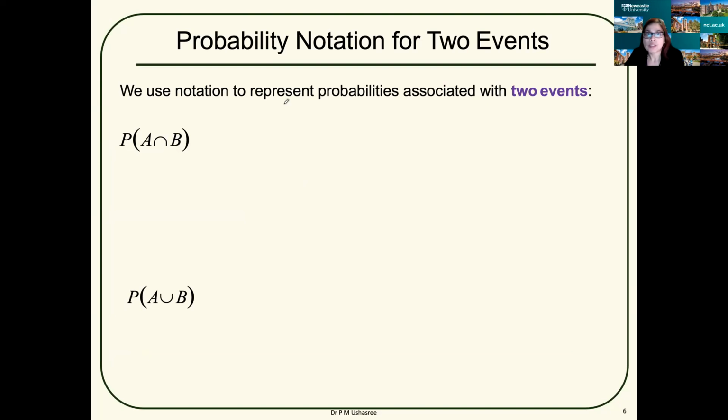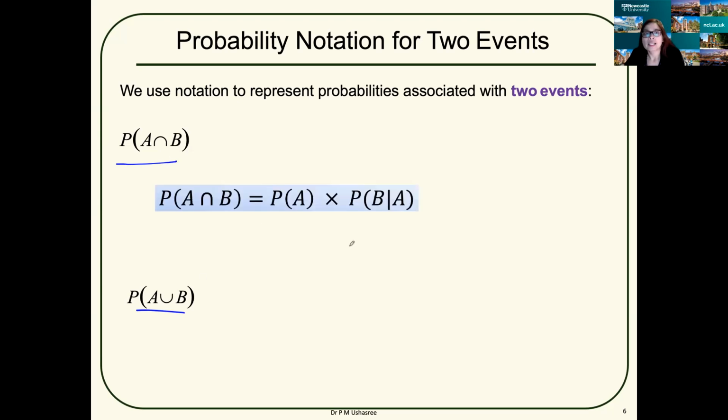So we use notation to represent the probability associated with two events. Here we're talking about event A and event B. So we have A intersection B and A union B. Probability of A intersection B is equal to probability of A times probability of B, given that A has already occurred.